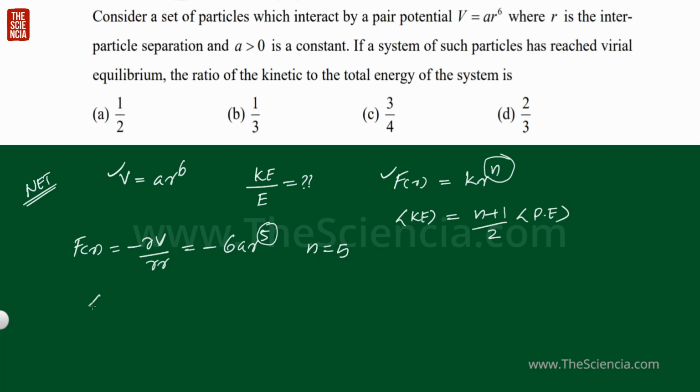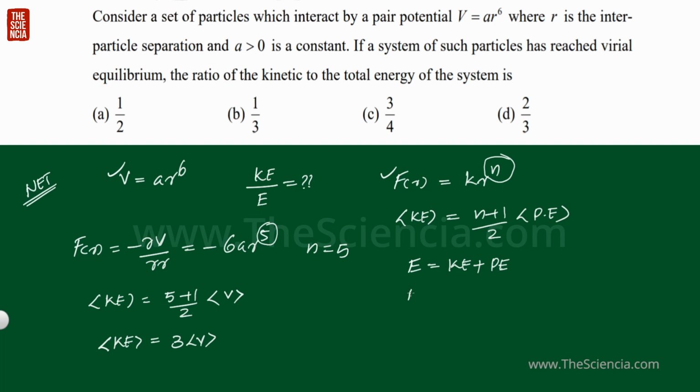Now we can substitute in this equation, that is kinetic energy is equal to n, which is 5, plus 1 by 2 into the average value of potential energy, that is V. So here we got the average value of kinetic energy is equal to 3 into the average value of potential energy. And we know total energy E equals kinetic energy plus potential energy.